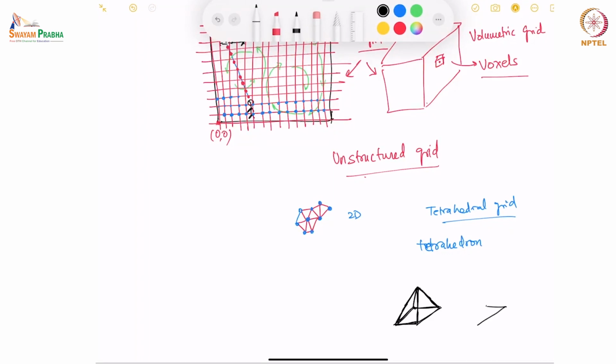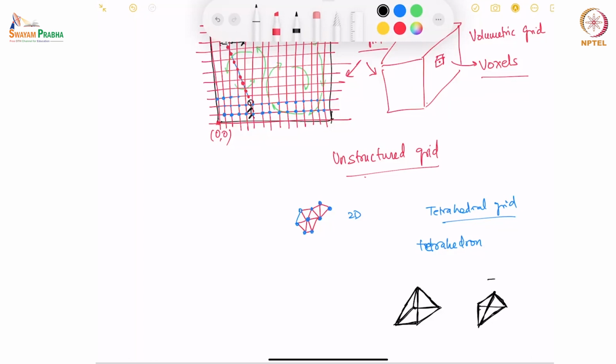So can I say this is a tet? Yeah. Okay, my bad. I think I should draw it slightly better. Maybe like this. Yeah, that's a tet. A tet has 4 triangles as its sides.